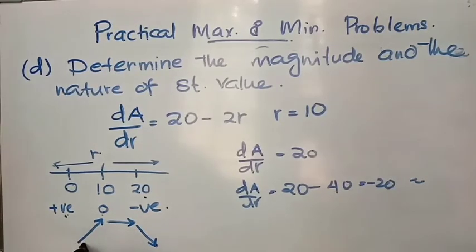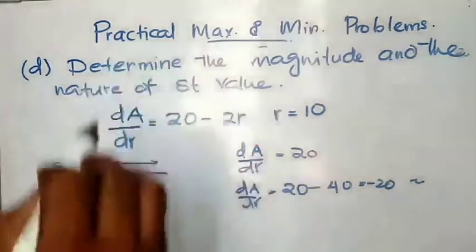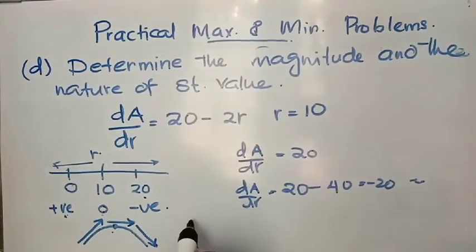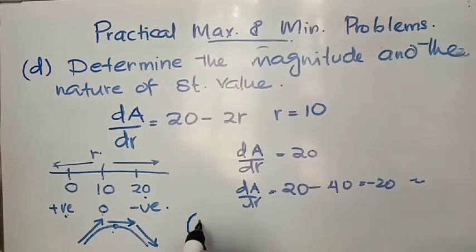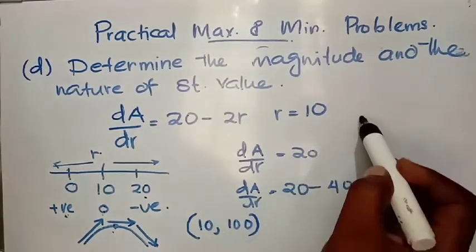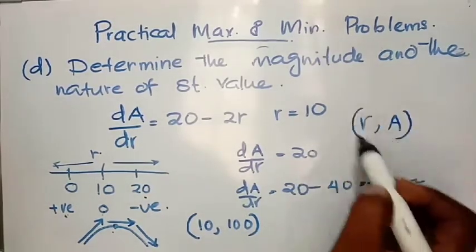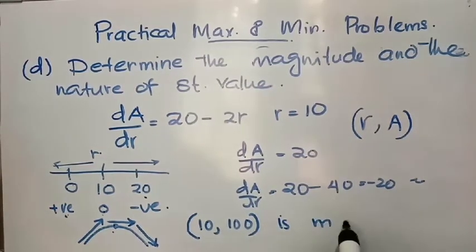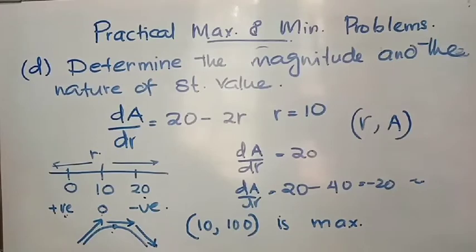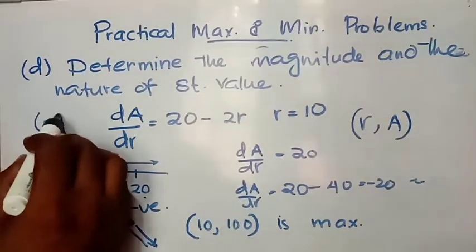So our graph will be formed like this. That means this is the point which will be a maximum point. So we can say the stationary point, that is 10, 100, is a maximum. Normally a stationary point is (x, y).